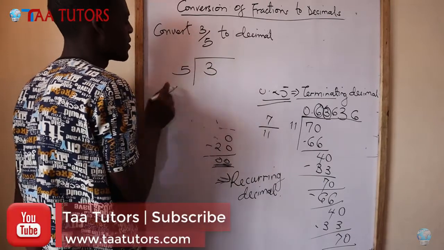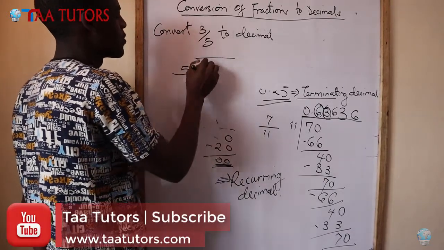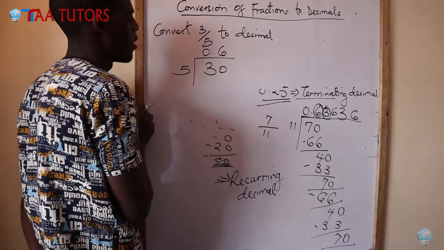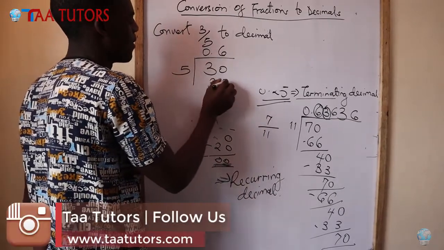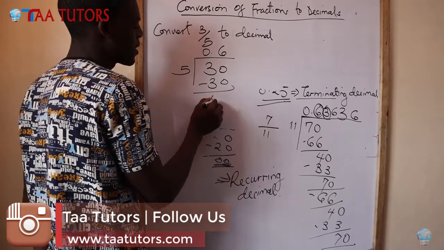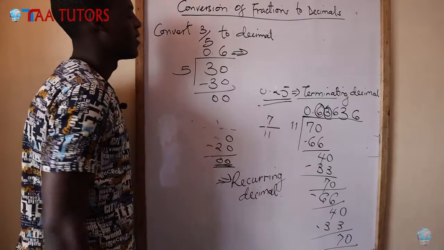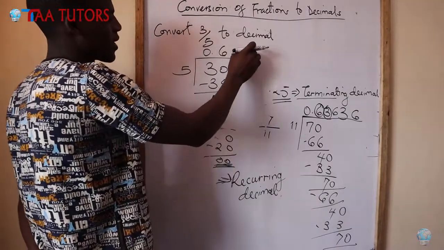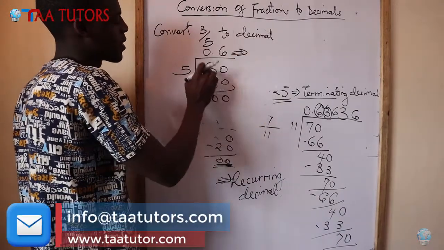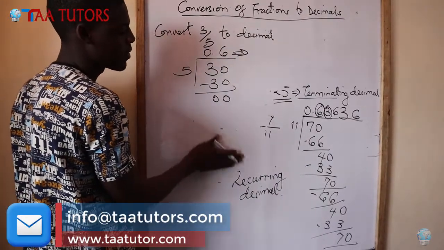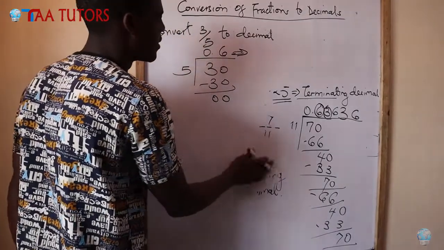So we'll have 5 outside. 5 into 3 into 30. When you get the difference, it is 0. You can answer for yourself which type of decimal it is when we get 0.6 that way.